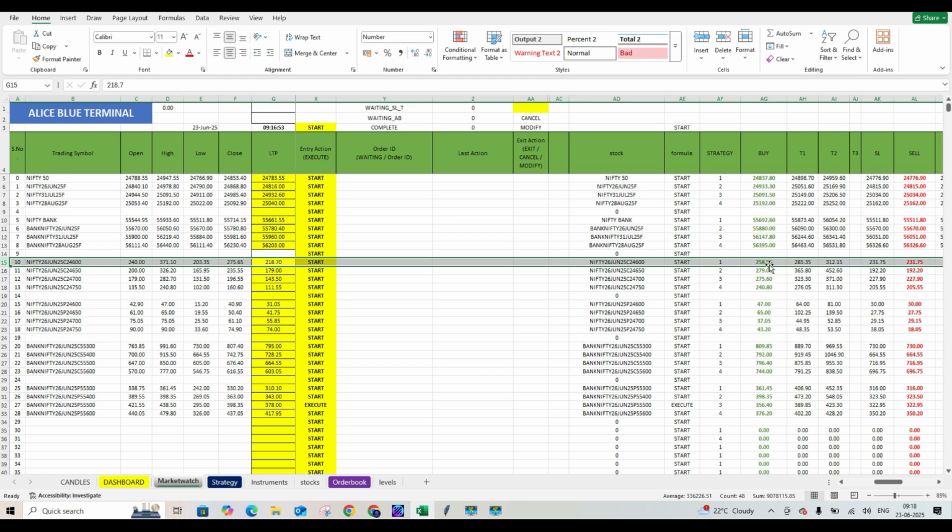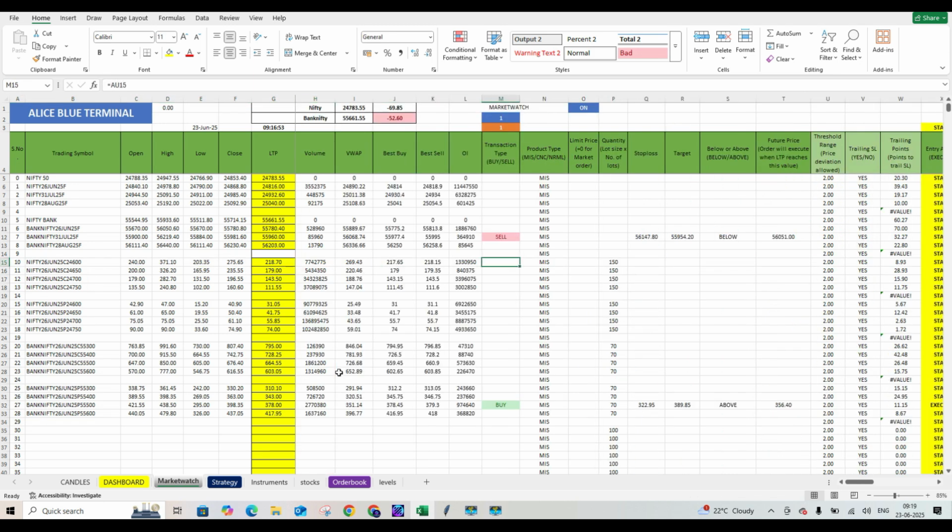So it will wait for our above and below levels, where it shows as waiting for above and below levels. This is our target and this is our sell levels. These are all the instruments of intraday option trading, and you can see everything is mentioned properly here.